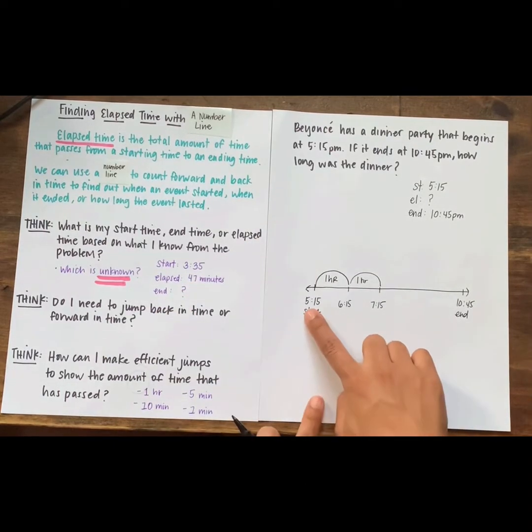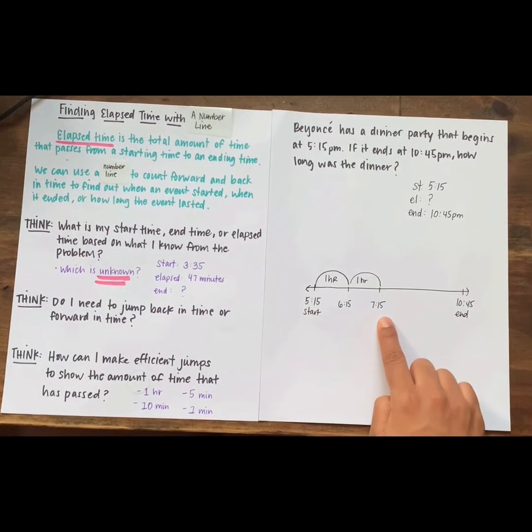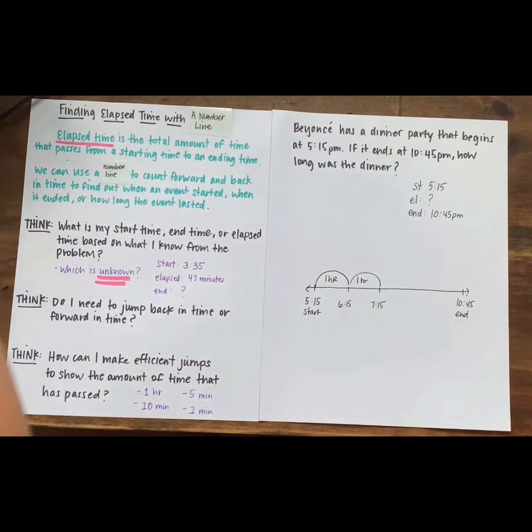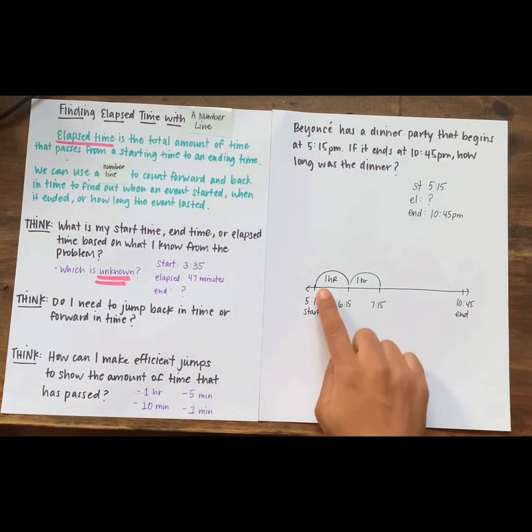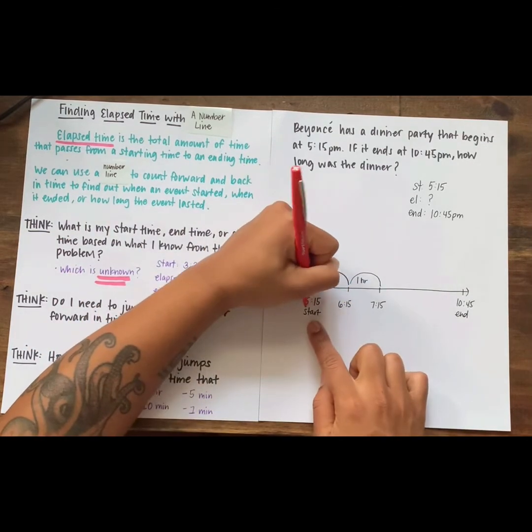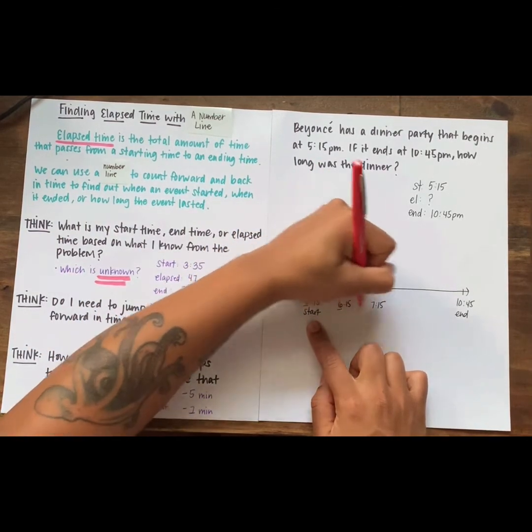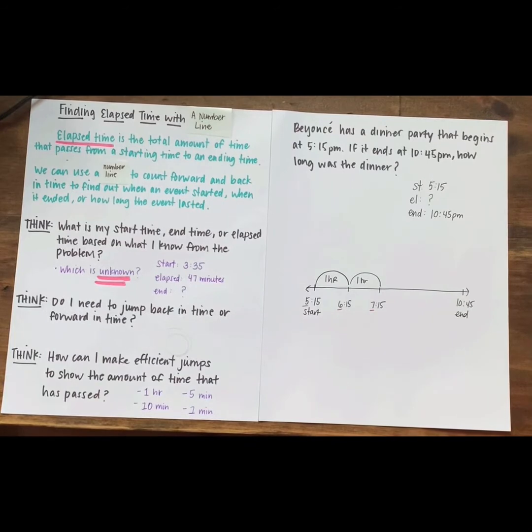What are you noticing is happening as we make jumps of 1 hour? Say your answers out loud. Yes, that's right. When we make jumps of an hour, we notice that only the hour is changing. The minutes stay the same.